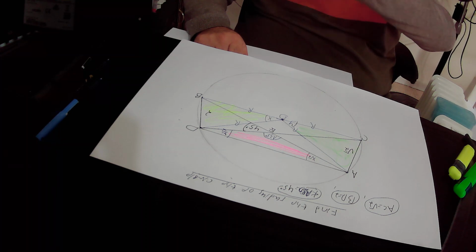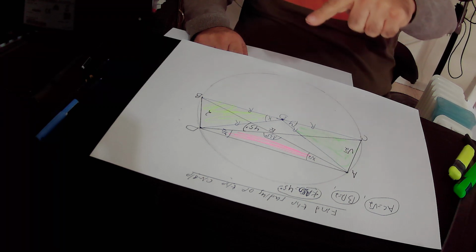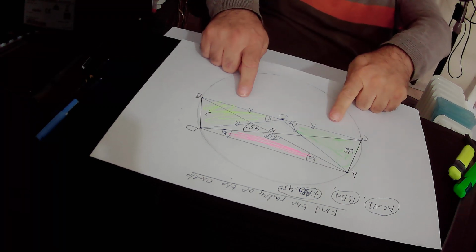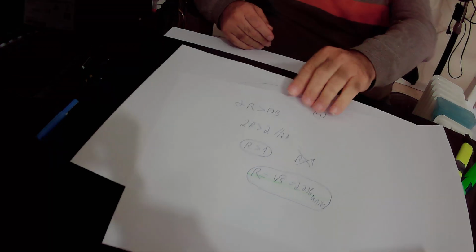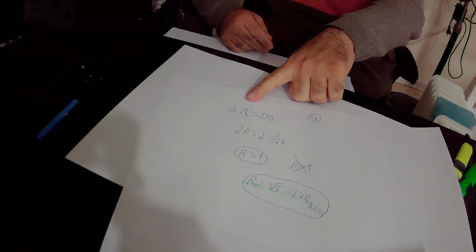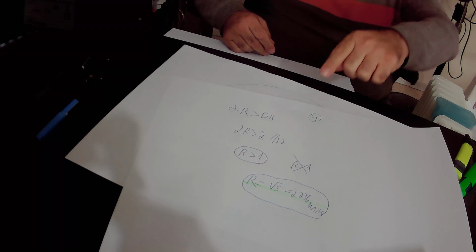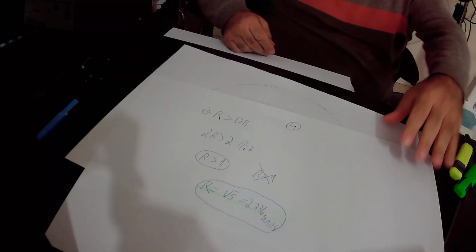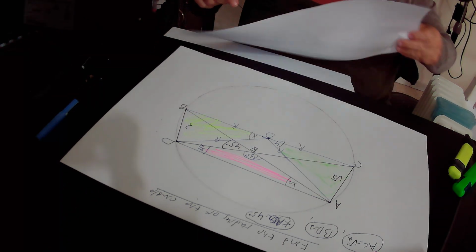Therefore, it must be shorter than the diameter, because the diameter is the longest chord in the circle. So DB must be shorter than the diameter, that is 2R. And here, DB equals 2 units.